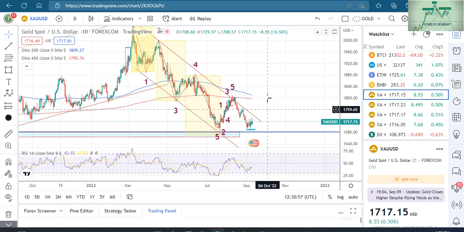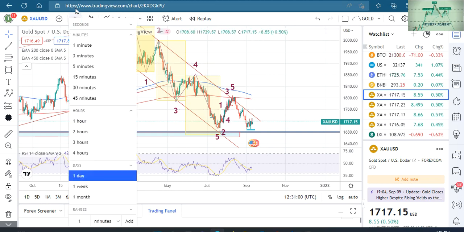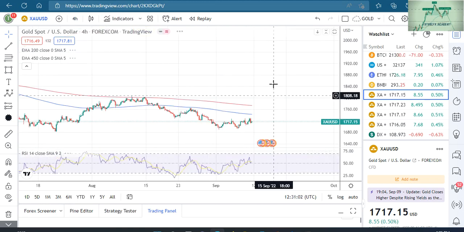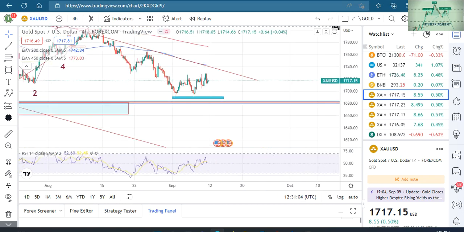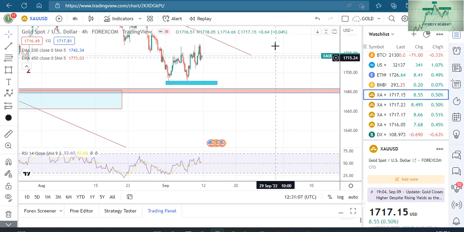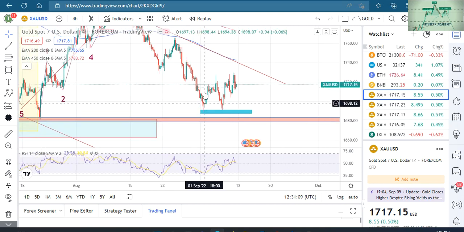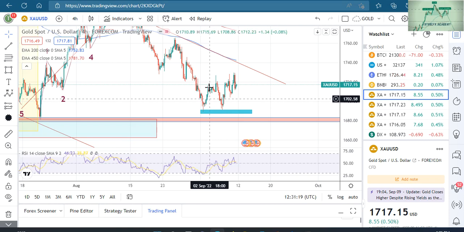If you notice, looking at the price generally during UK session, this is around midnight all the way to, let's say, around 10 a.m., 2 p.m. You see gold go through a bullish.